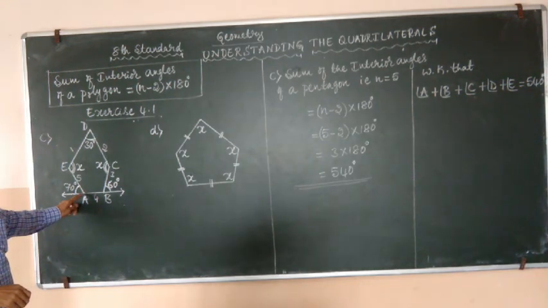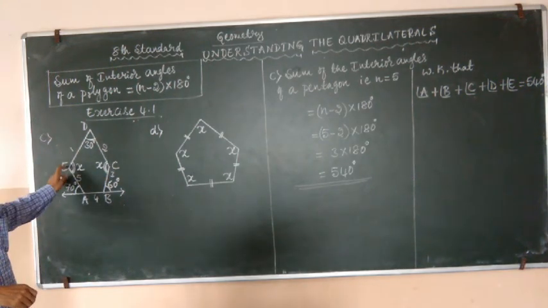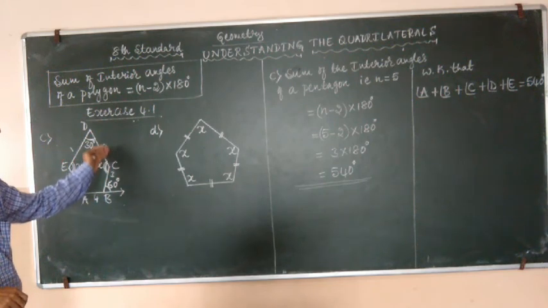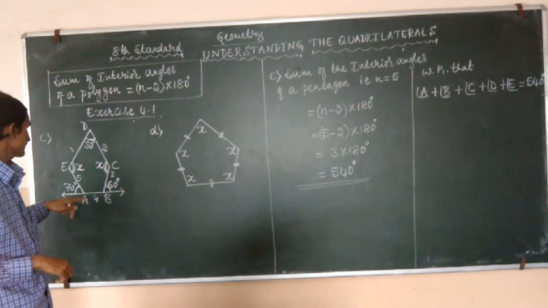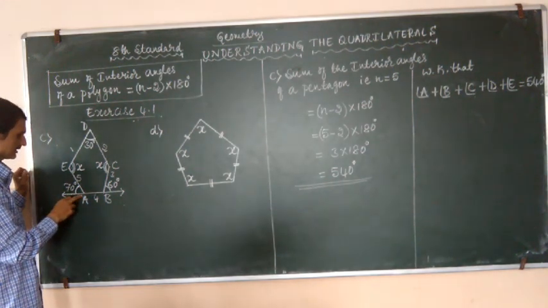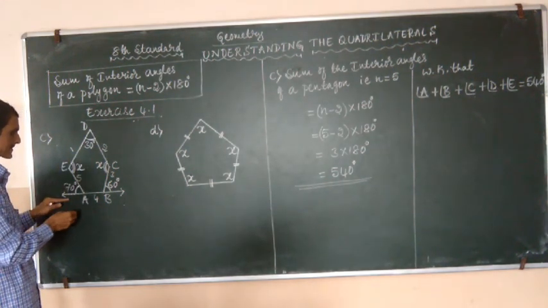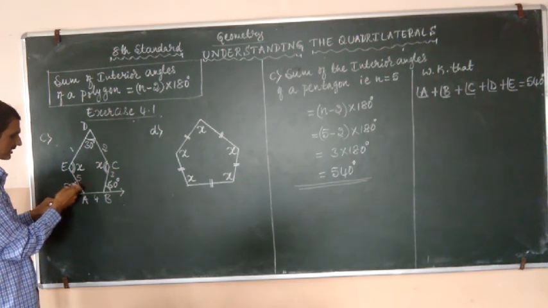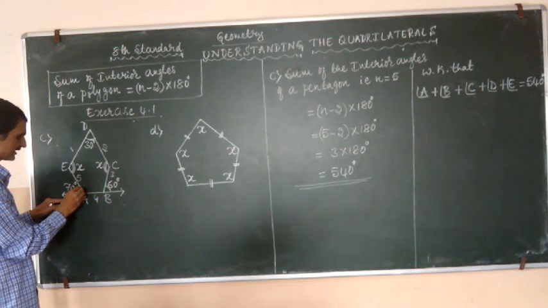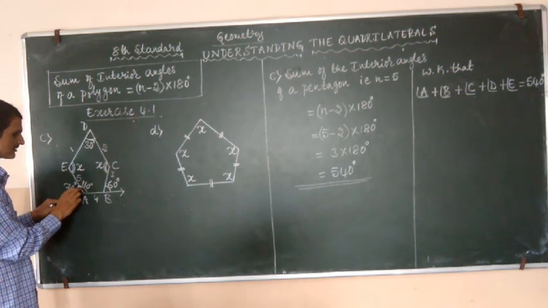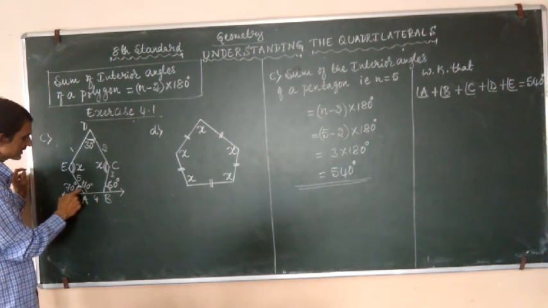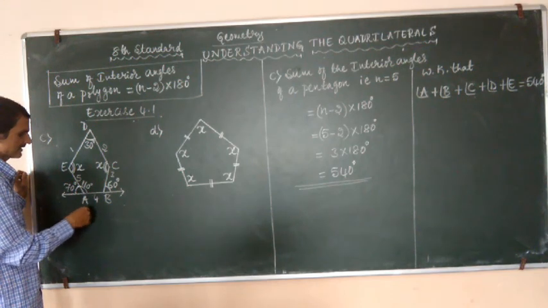I have taken the sum of all five angles of the pentagon. In this polygon, the exterior angle of angle A is 70 degrees, so the interior angle will be 110 degrees, because these two are a linear pair.